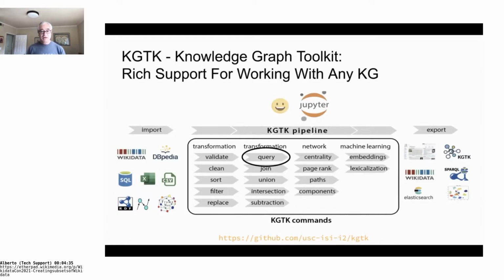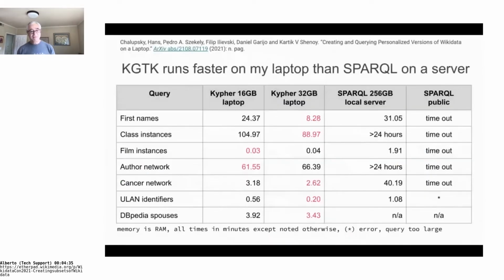And so we've run a bunch of experiments comparing our KGTK toolkit to the SPARQL endpoint. And so, for instance, here is the author network. If I run KGTK on my laptop, downloading all of Wikidata onto my laptop, I can compute the author network in 61 minutes.